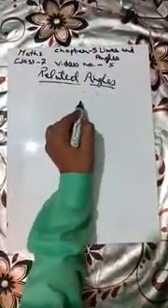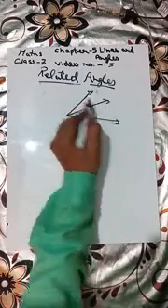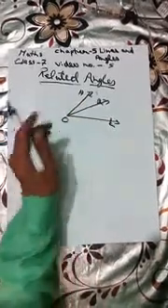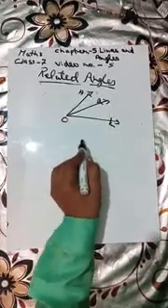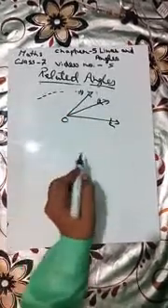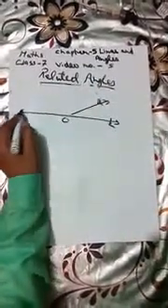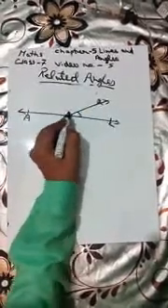Now I'll show you one thing. Suppose there are the points A, B, C and O. Now if you hold this A and rotate it to make it straight with OC, like this, then this is also adjacent angles.